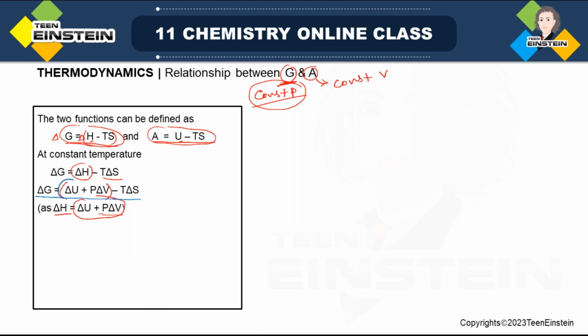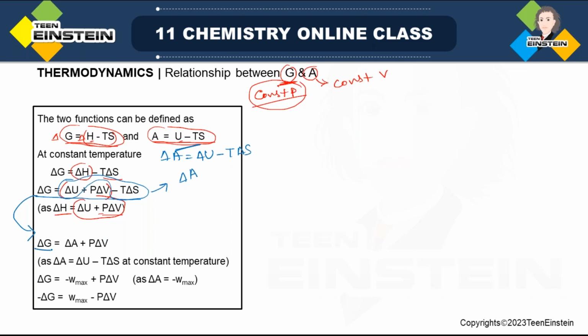Now this del U minus T del S, if we take together, what does it mean? This blue part that I have highlighted is basically equal to del A, because from this equation, if you take del on both sides, it will be del A equal to del U minus T del S, because temperature is constant. So this equation we can now write in a different way.